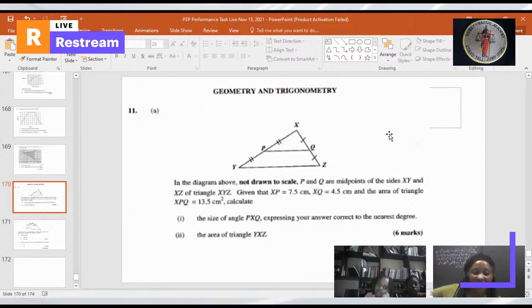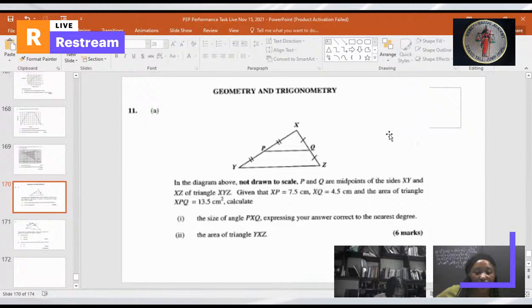If we fill in the lengths of that triangle, they're saying XQ is 4.5. So sketch the diagram, put in the 4.5 centimeters where XQ is, and the 7.5 where XP is.